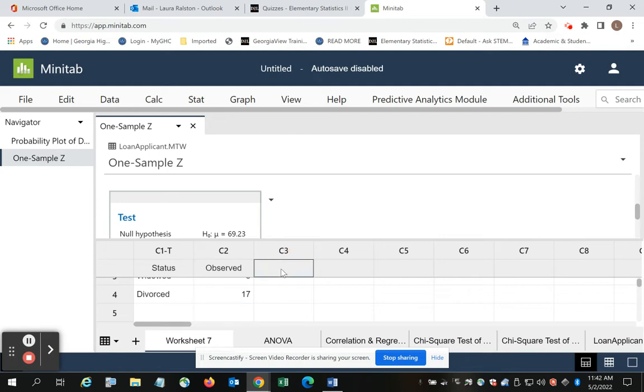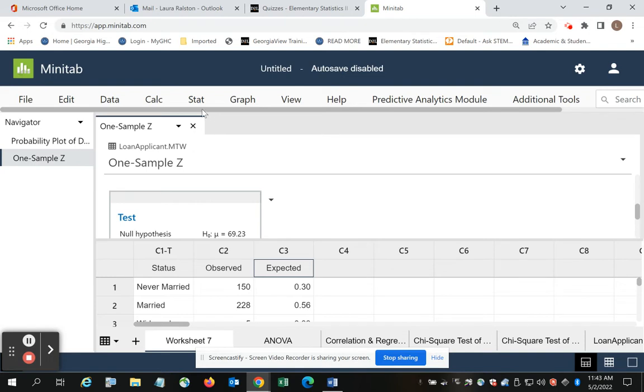You also have to tell Minitab the expected percentages. And again, those are given to us. We had 30% for never married, written as a decimal is 0.3, 56% married, 3% widowed, and 11% as your divorced. Okay, so then we're going to calculate our chi-square.